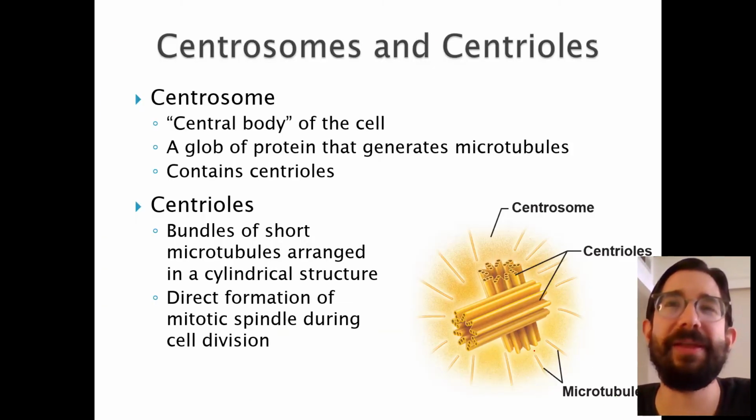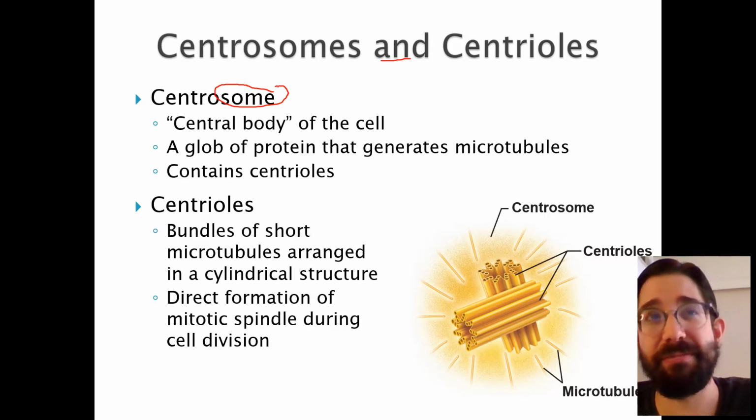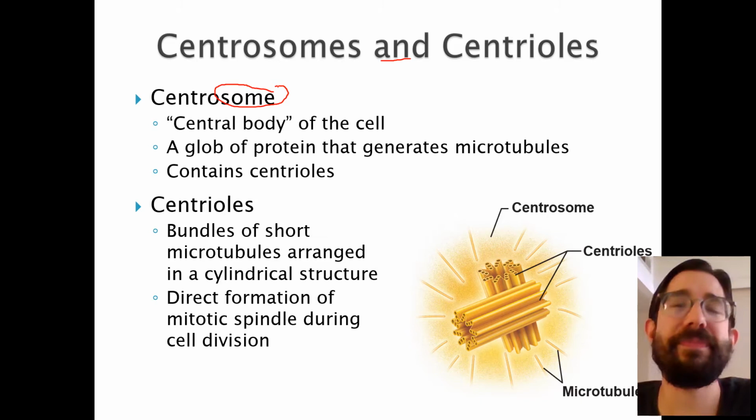Okay, centrosomes and centrioles. The centrosome means central body, because remember we learned that soma means body. This is somewhere near the center of the cell, pretty much a glob of protein. And remember, microtubules are made of protein. So this is where they're made.